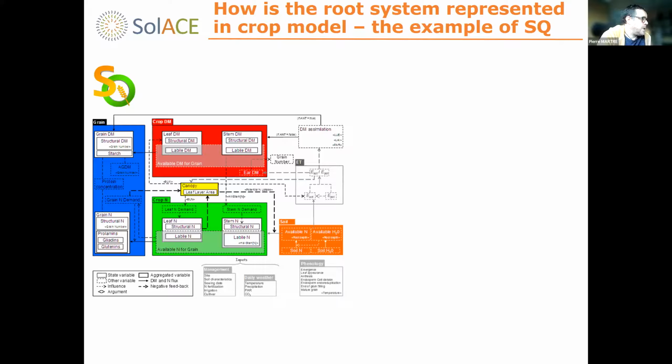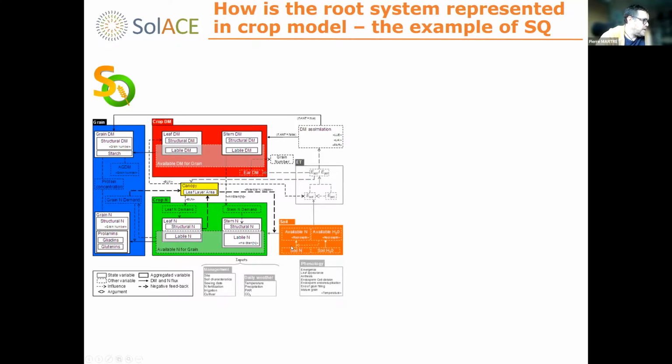Here is a representation of a crop growth model, very much simplified, where you have different parts with mechanisms: the canopy level, with many interactions with the grains, also photosynthesis and allocation of carbon, the energy balance of the canopy and transpiration, but also of course the soil.